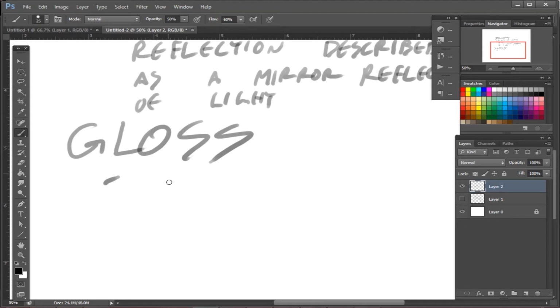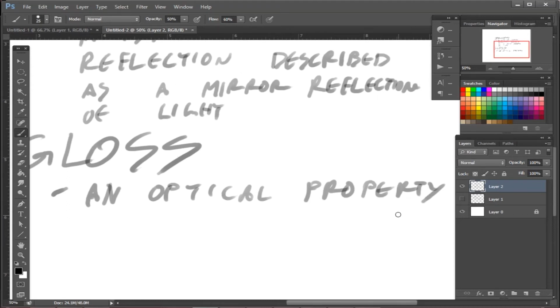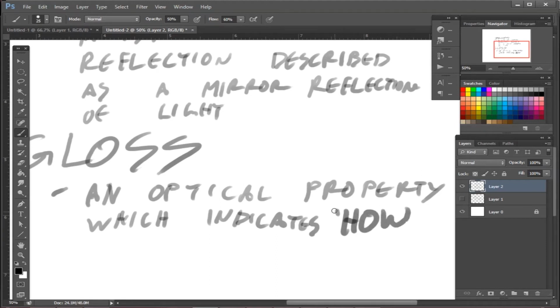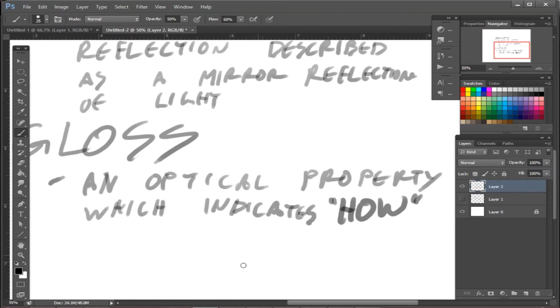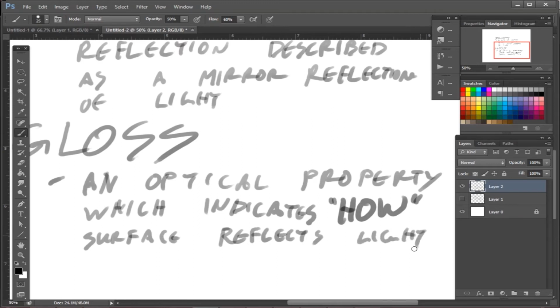Gloss: an optical property which indicates how well a surface reflects light.